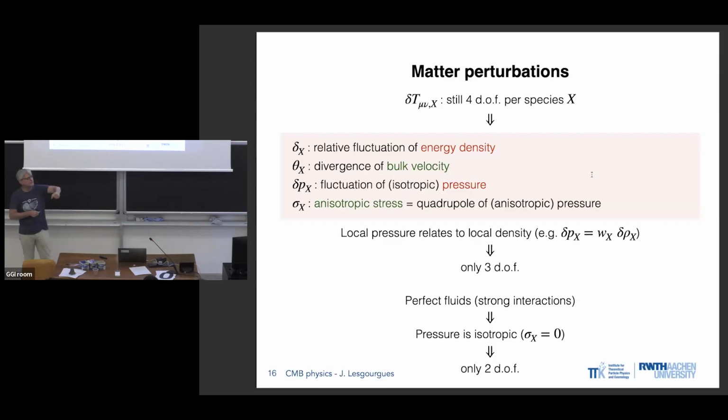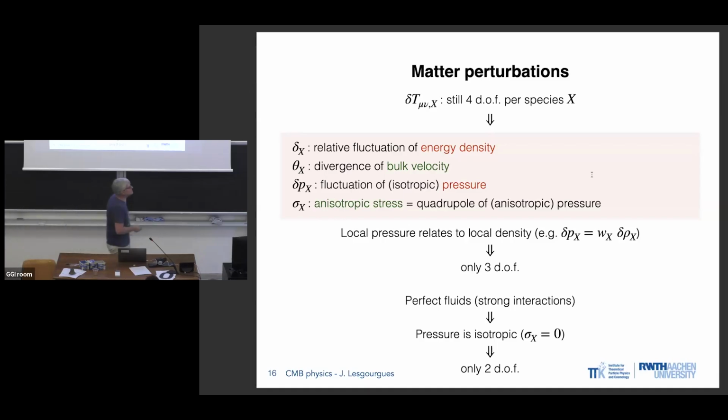You would be there in the fluid with a shield, and by presenting the shield to different directions, you would get a different pressure. So the pressure could then have a complex structure that you could expand in multipoles. And one of these multipoles would be special. It would be the quadrupole. It would be special because this quadrupole of the anisotropic pressure can be shown to be the last scalar degree of freedom in delta T mu nu. And this is what we call sigma. It is a potential giving rise to this quadrupole component of the anisotropic pressure.